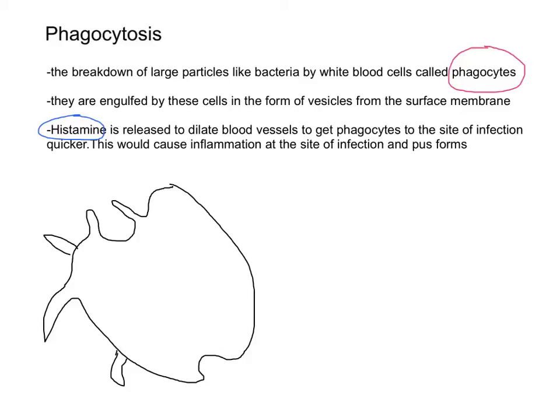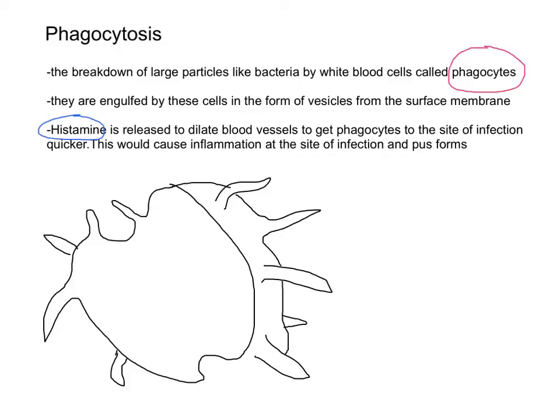So it's going to look a little bit odd perhaps at first, but so what we've got here, no, it's not the best sketch, but what I've drawn here is a phagocyte.